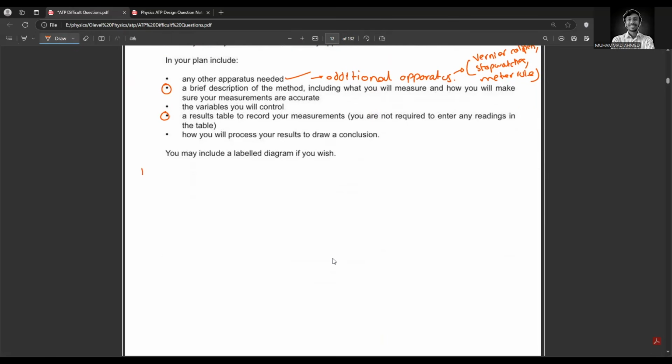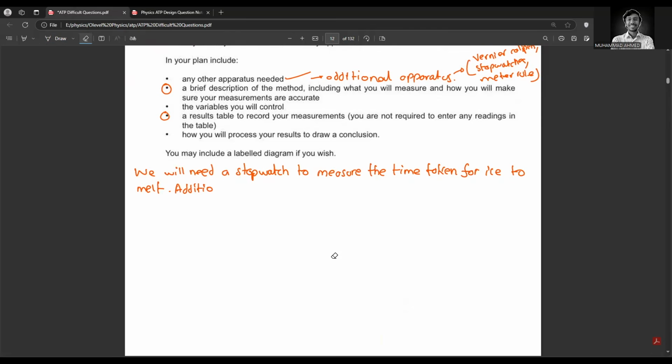First of all, you will say the additional apparatus, or you can say, we will need a stopwatch to measure the time taken for ice to melt. Additionally, oh, I have put in this wrong.